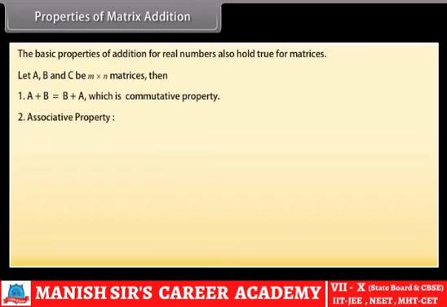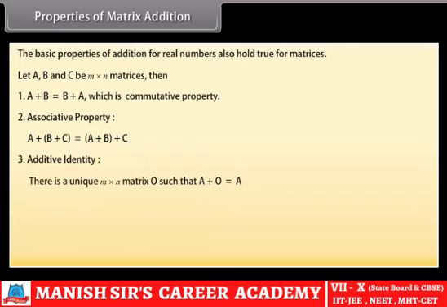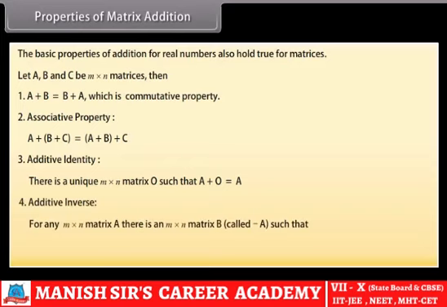Associative property: A plus B plus C is equal to A plus B plus C. Additive identity: there is a unique m by n matrix O such that A plus O is equal to A. Additive inverse: for any m by n matrix A, there is an m by n matrix B called minus A such that A plus B is equal to 0.